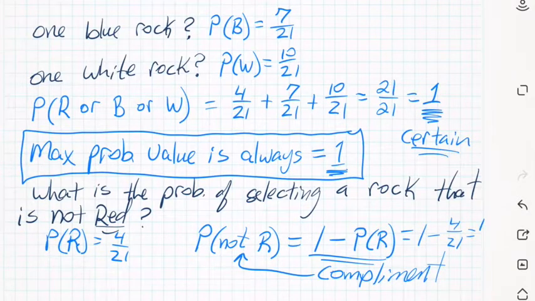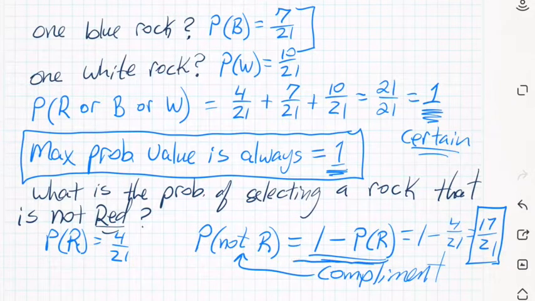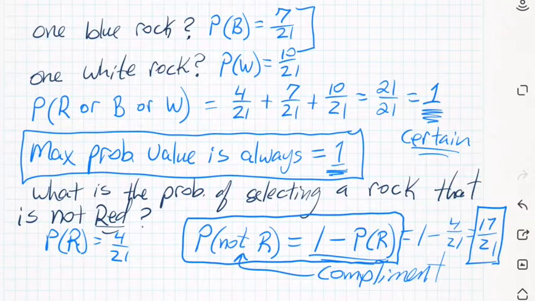I'm sorry, I said something else earlier, but it would be 17 out of 21. And if you add 7 and 10 together, you get 17 out of 21. So this idea of complement, of subtracting your probability that you know from 1, gives you all the ones that are not that 1. So we're going to use that a lot.